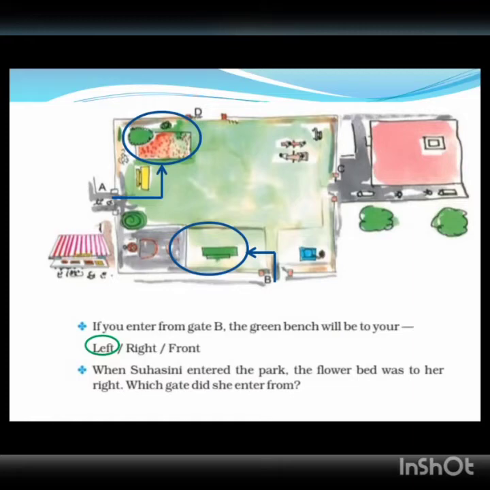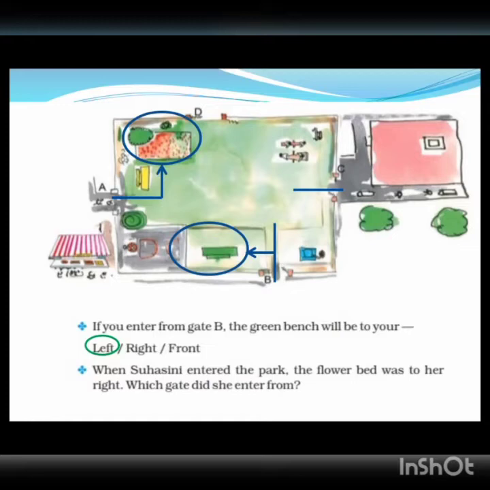Now gate B. Yes, from the gate B, she didn't get the flower bed to her right. Now what about the gate C? Think about it.